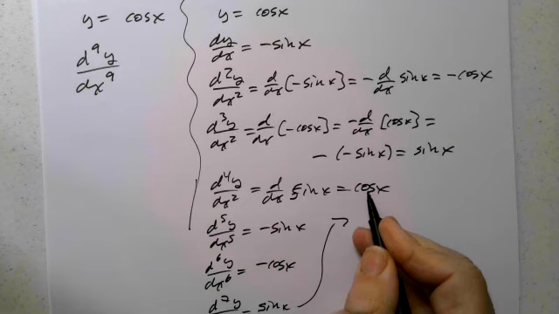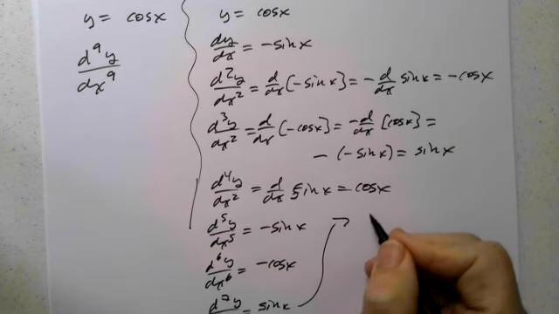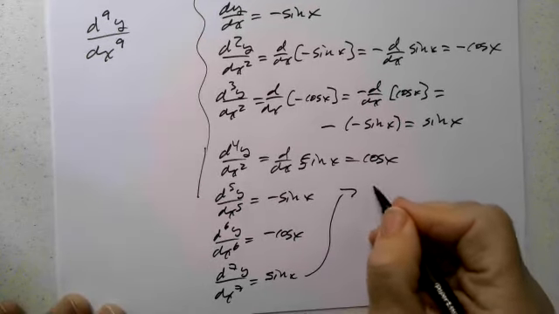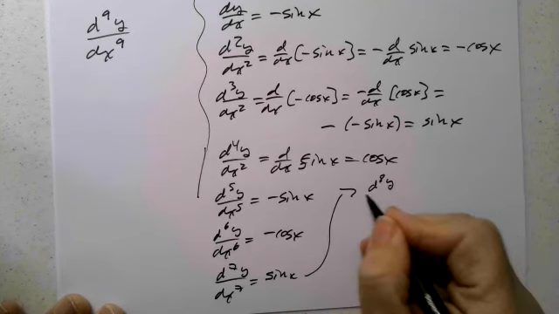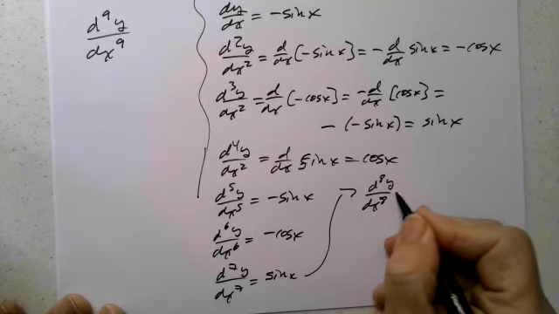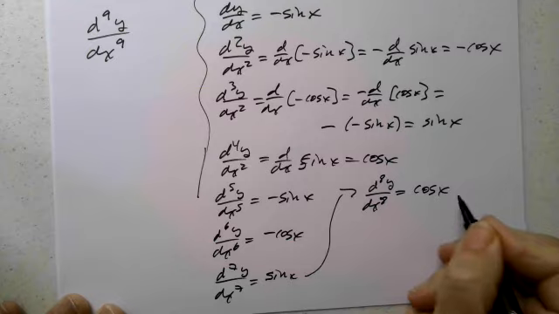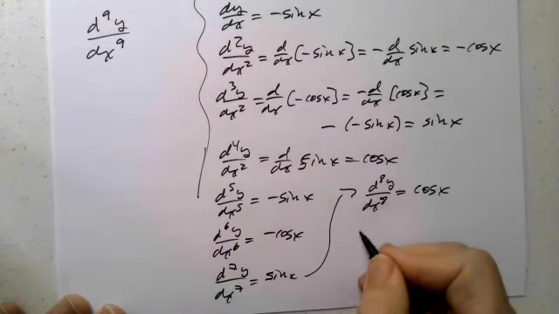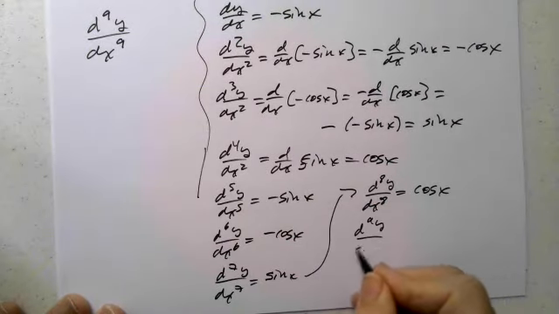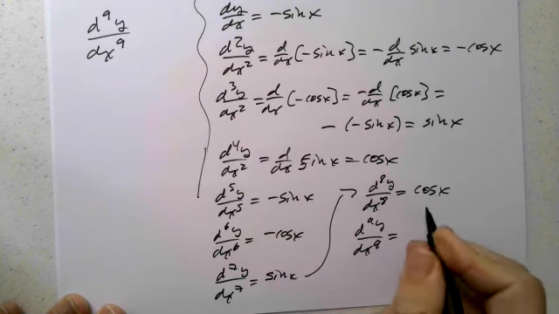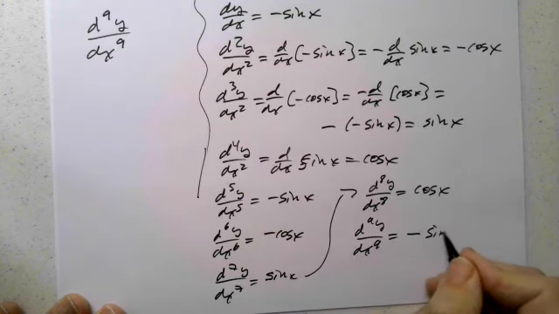So the eighth derivative, again, we're back to cos x. And the ninth derivative, this is what we're looking for, is the derivative of cos x, which is, we're back to minus sine x.